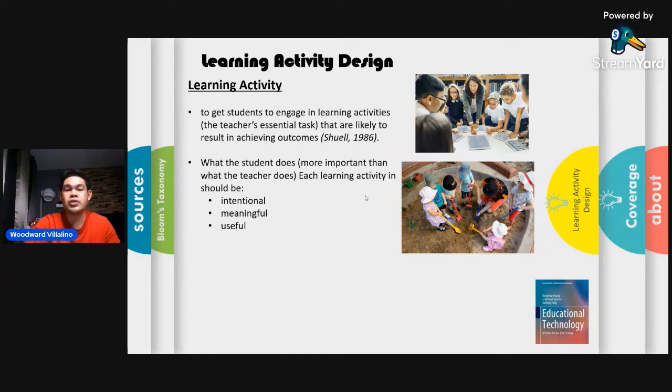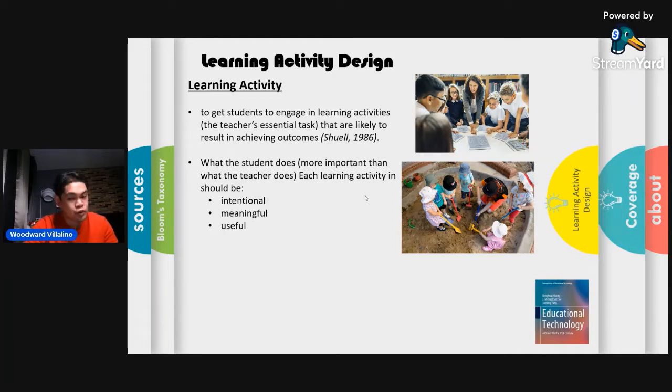As we've seen in the picture, there's engagement in the particular activity that they are having. What the student does is more important than what the teacher does. The teachers would only be the ones who motivate, but what the students are doing is the most important. Each learning activity should be intentional. It should not be forced.